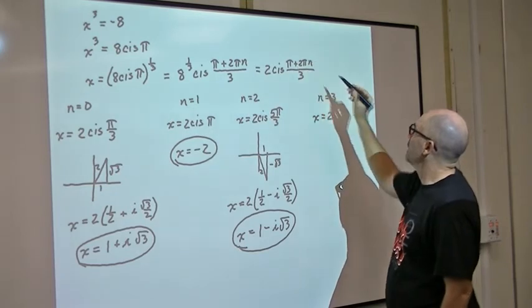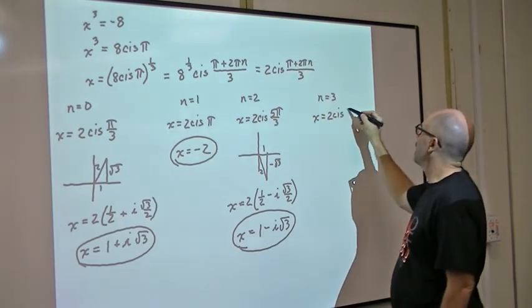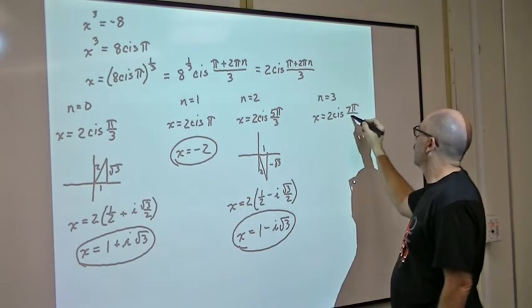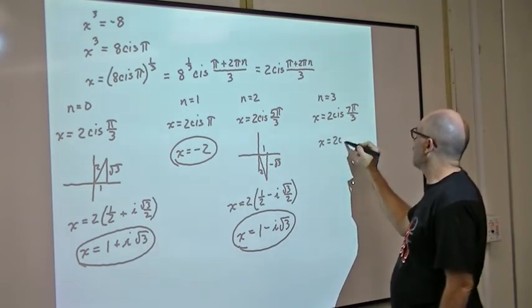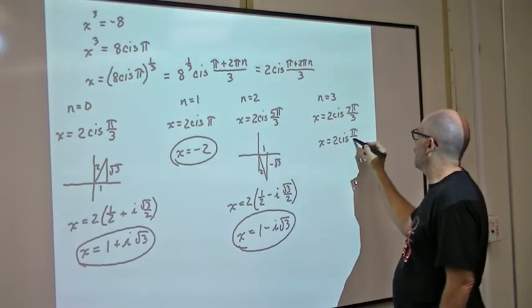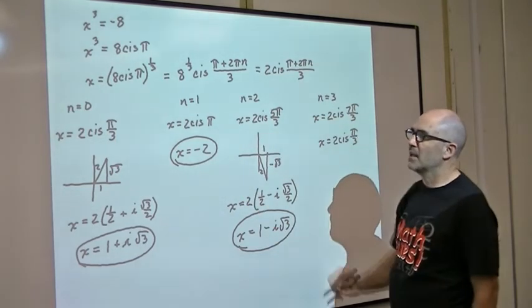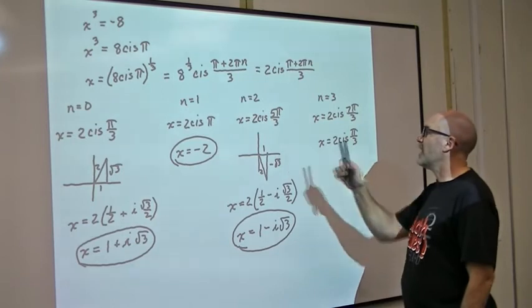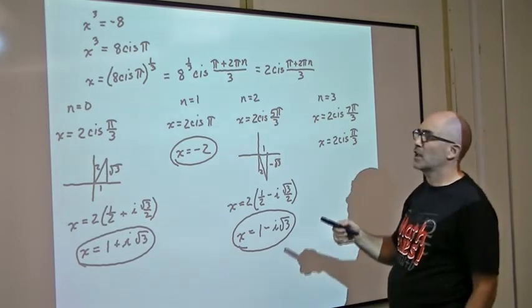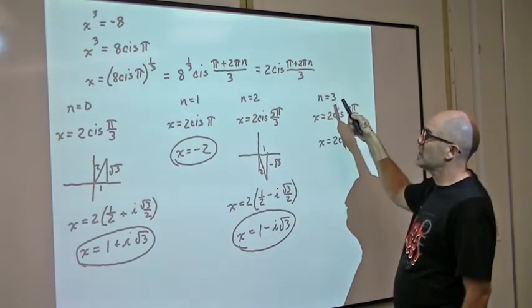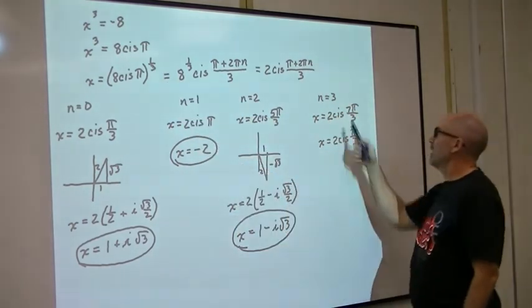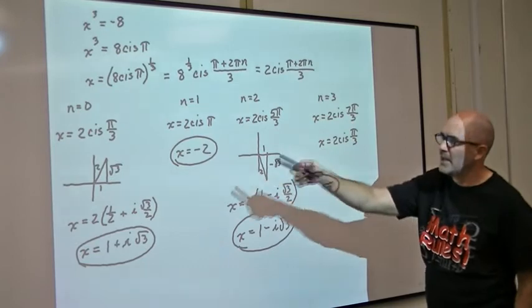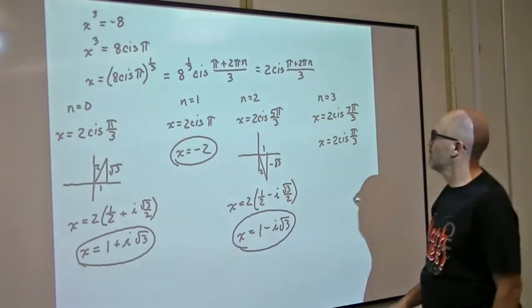So you have pi plus 6 pi is 7 pi over 3. And that's the same thing as pi over 3, which is the same thing as the n equals 0 case. So that confirms that you are on the right track. When you get to n equals p, you should repeat your n equals 0 case.